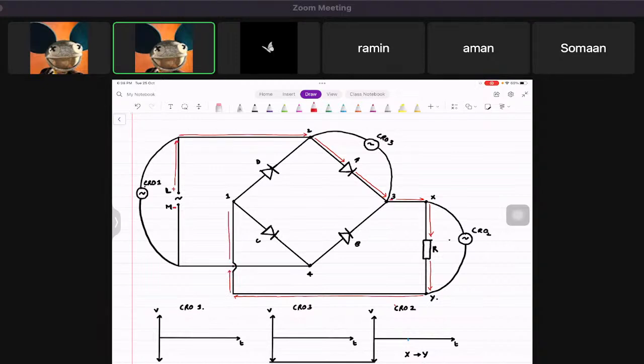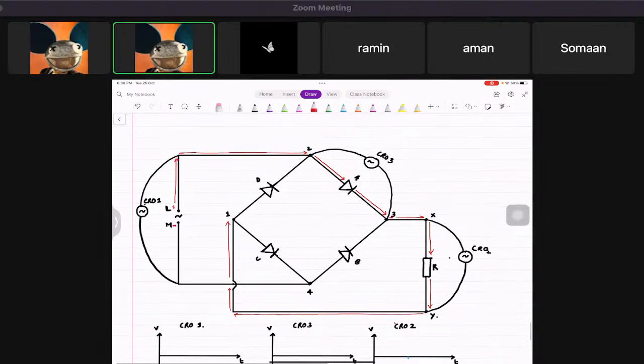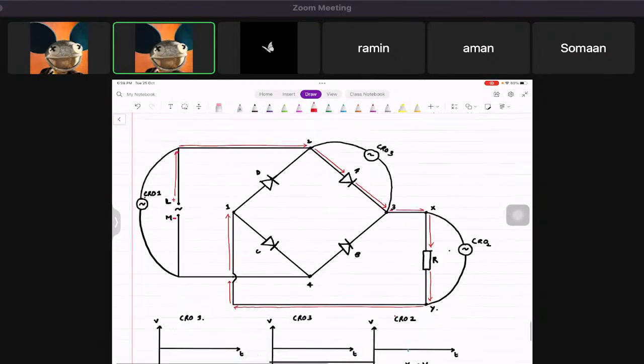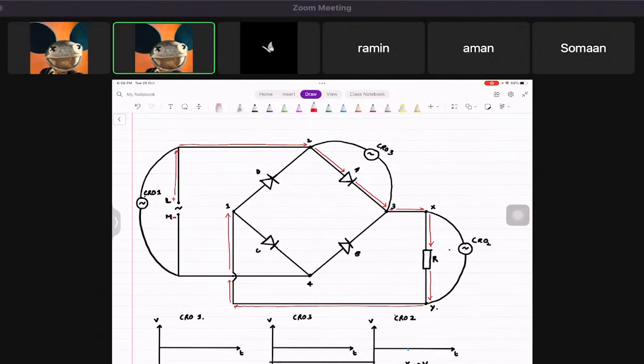So when it reaches here, now it can go towards D and C both, but it chooses to go towards C because, from the third and fourth points that we wrote, we know that the potential at 2 was higher than the potential at 1, because the current has made a drop, as it has moved through diode A, and it has also moved through the resistor.